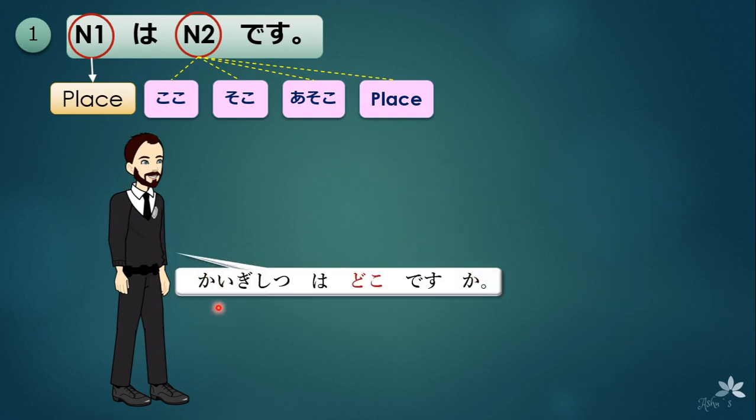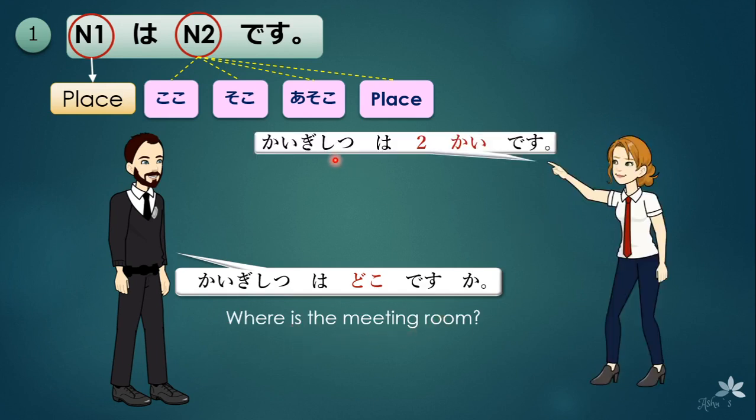Now he's asking, Kaigishitsu wa doko desu ka? Kaigishitsu means meeting room. Where is the meeting room? So she says, Kaigishitsu wa nikai desu. Nikai here is second floor.